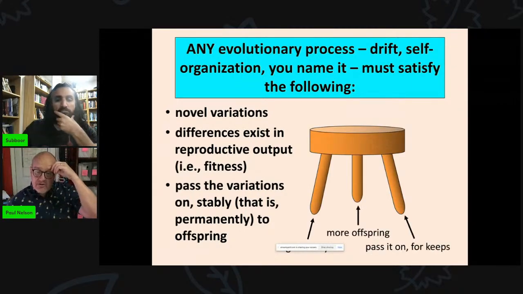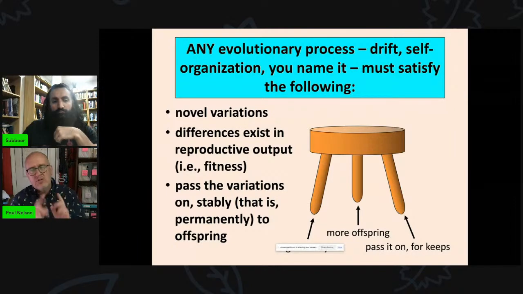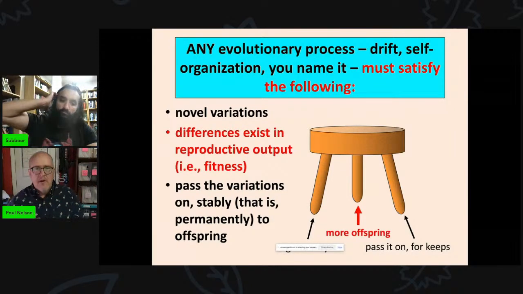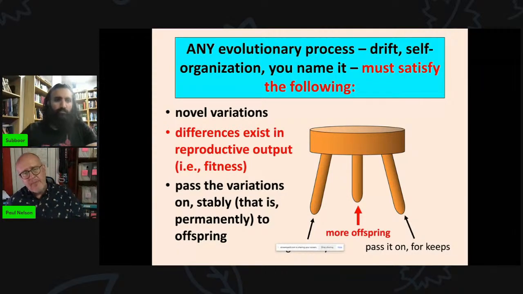And this is not negotiable. Any evolutionary process, by definition, if you think about what evolution is, it is new things that arise, that take over populations, and that are stably transmitted from one generation to the next. In particular, fitness, which I'm describing as differences in reproductive output, has to be there.